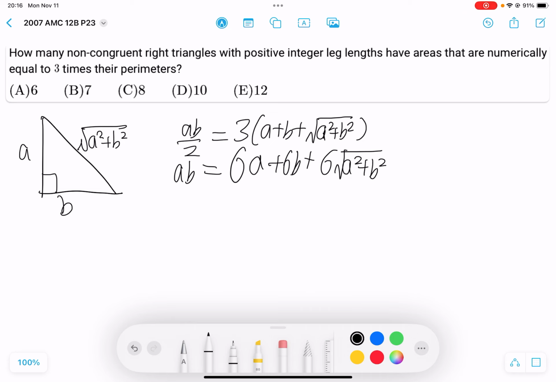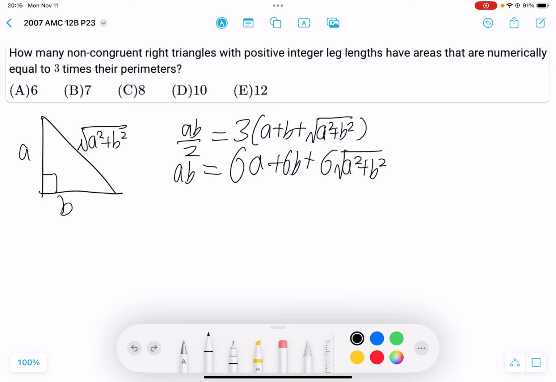Okay, so how do we factor this out? Because notice that we have AB, we have 6a plus 6b, so this looks like Simon's favorite factoring trick. But if we factor this out, we have this thing left, which has a root, so we don't really know what to do with that. So we want to simplify the entire equation so that there are no square roots, or no AB terms, or something like that.